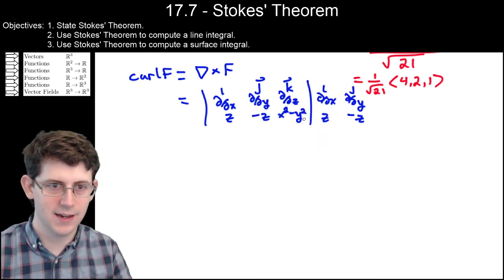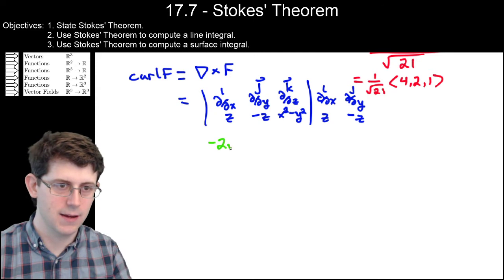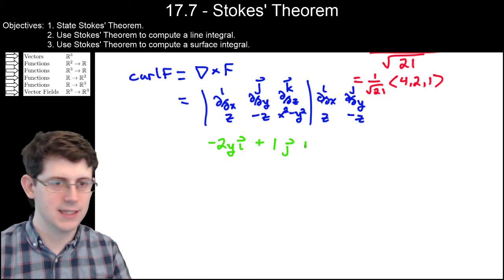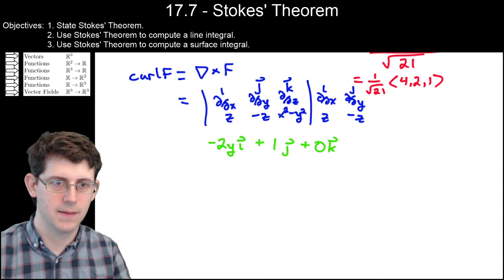Partial y of this is minus 2y. Partial z of z is 1. Partial x of minus z is nothing. Partial y of z, we're going backwards now. Partial y of z is nothing. Oops, that's in the k slot.